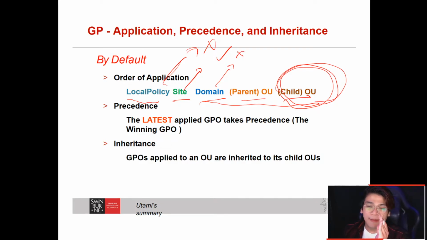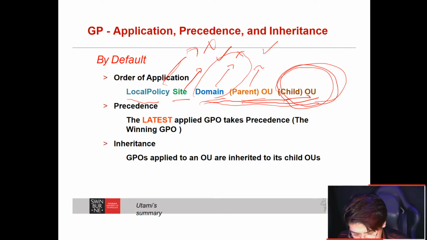So the members of the parent OUs, the domain people, and the child OUs all cannot change wallpaper after that. Okay? And then suddenly the parent OU says, oh, you can change wallpaper. Okay? So basically it's like this.